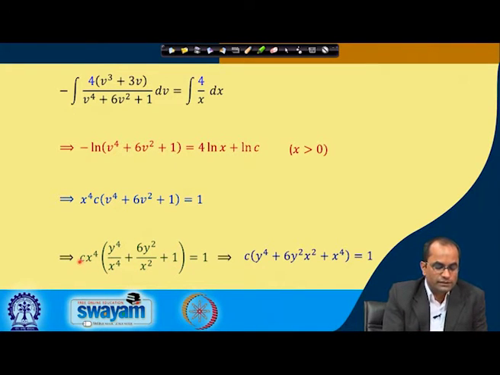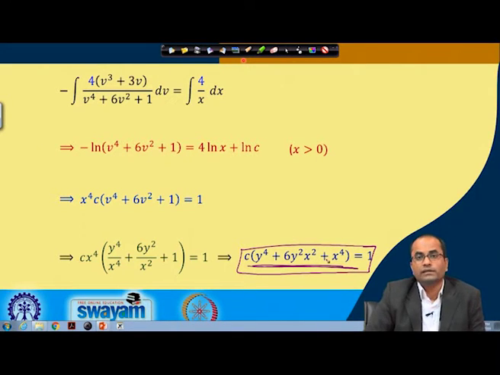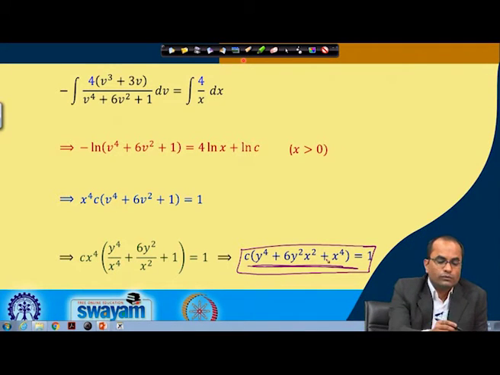So, what we will get is c times y to the 4 plus 6x squared y squared plus x to the 4 is equal to 1, and that is the solution again given in implicit form. So, we have y and x given in implicit form as the solution of the given differential equation.